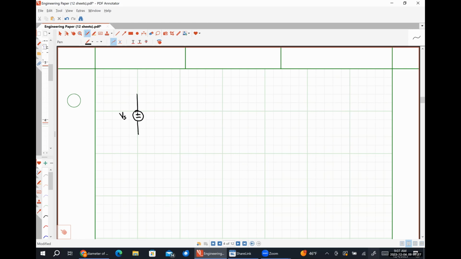We have an undetermined source voltage that we are trying to figure out. Let's make this a 5 ohm resistor. This will be an 8 ohm resistor. This will be a 2 ohm resistor.